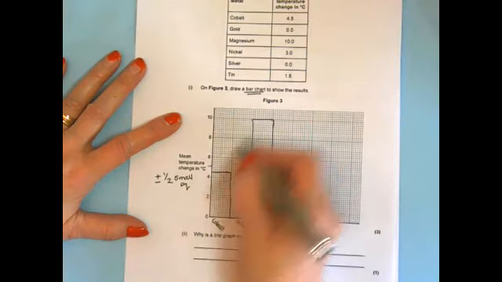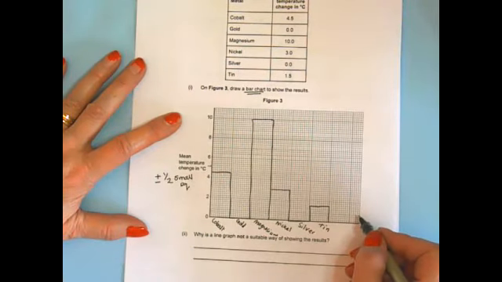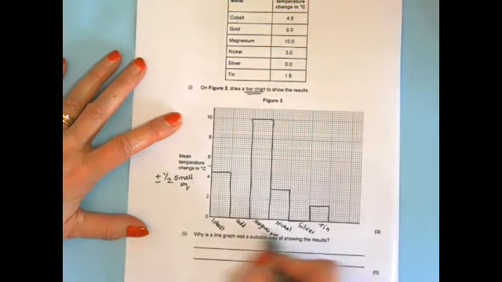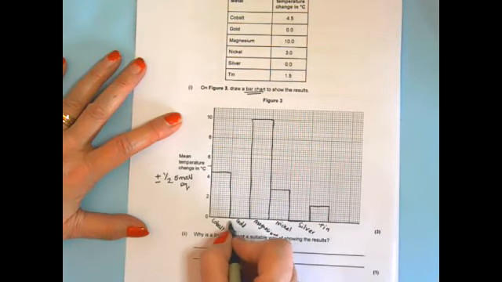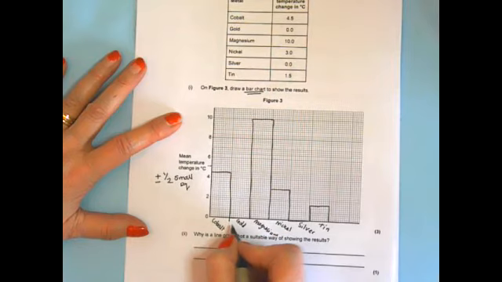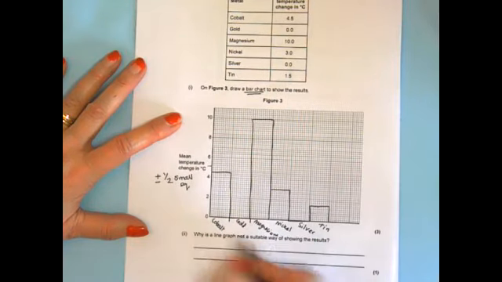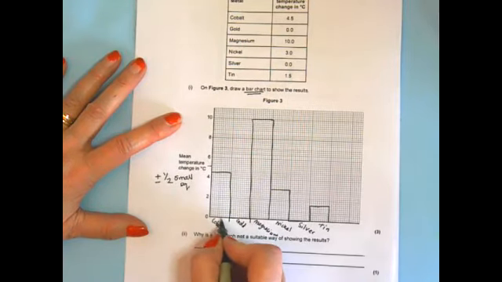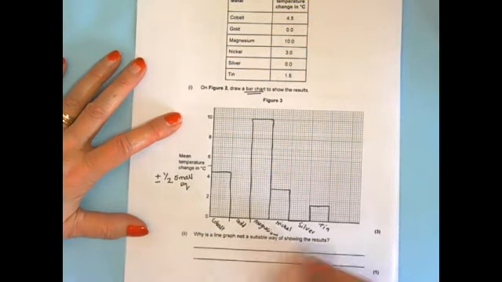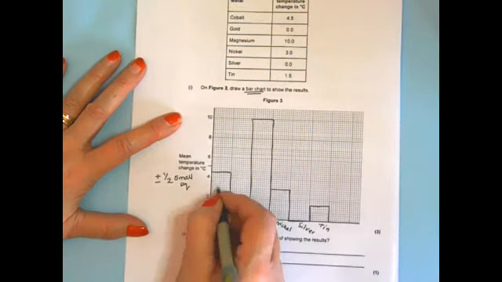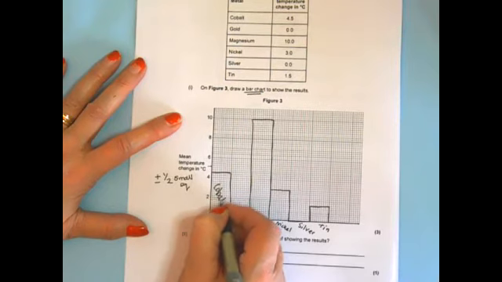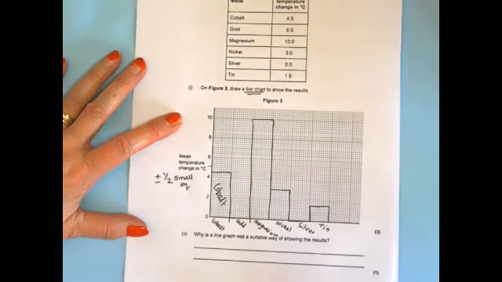So you've got 2 marks for plotting the graph correctly, and then you've got 1 mark for labelling it. And again, quite a few of you labelled cobalt here at this point and gold here at this point, and it needs to be in the middle. So it needs to be underneath the bar itself. Some of you actually labelled it like this, and that was okay.